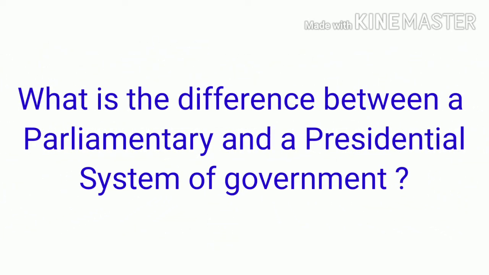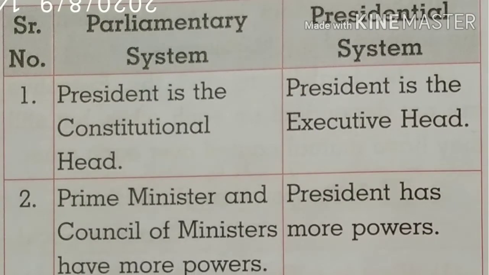And the last question, what is the difference between a parliamentary and a presidential system of government? The differences between the parliamentary and presidential system of government are: in the parliamentary system, President is the constitutional head, whereas in the presidential system, President is the executive head.